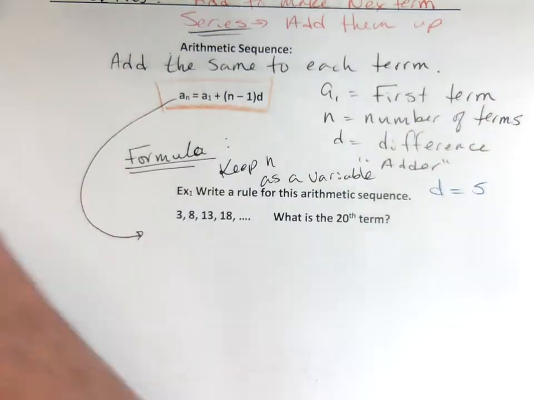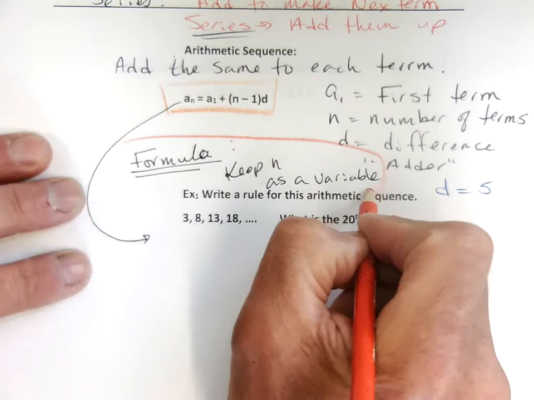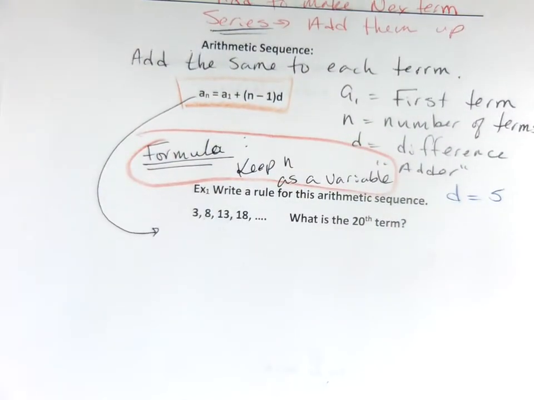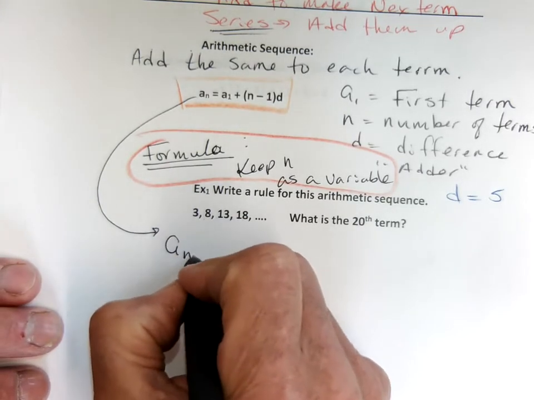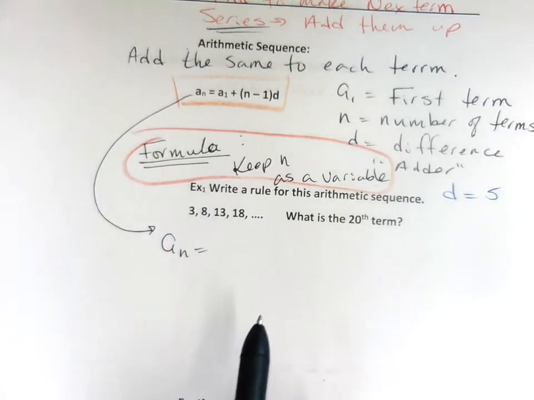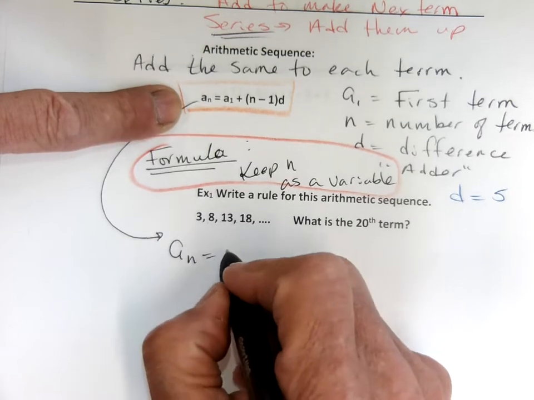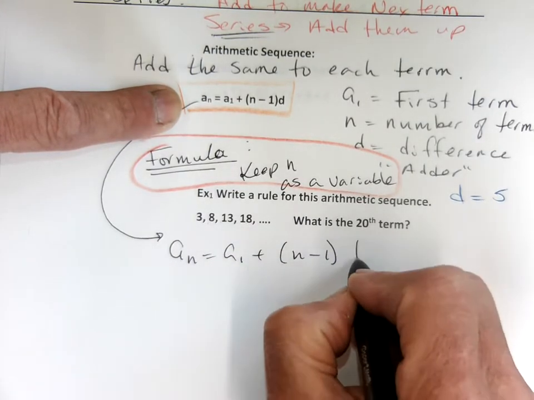Anytime you need a formula, you need a variable. So for us, we're going to keep n as our variable. So we're going to say, okay, A of n equals, because we need a formula, okay? And I'm going to use this formula here, and I'll write it down. We need A1 plus n minus 1 times D.